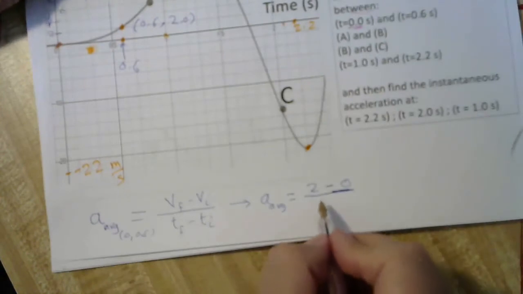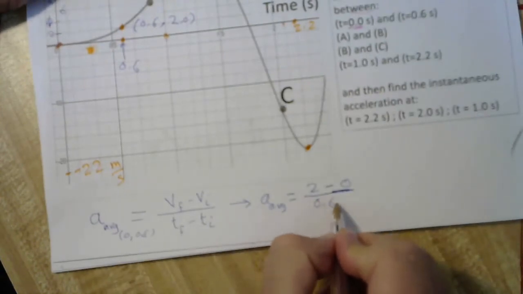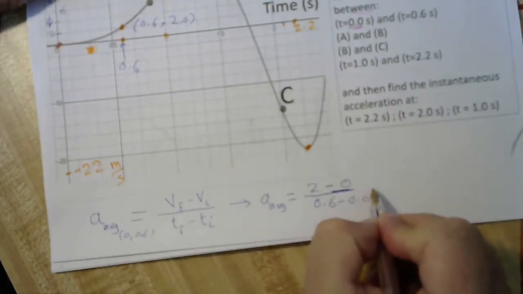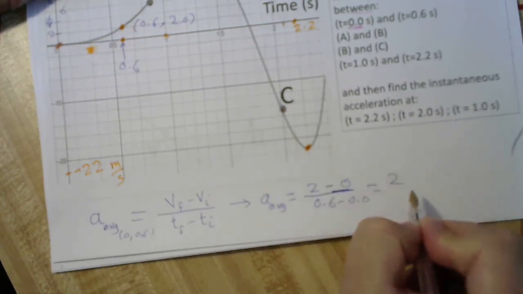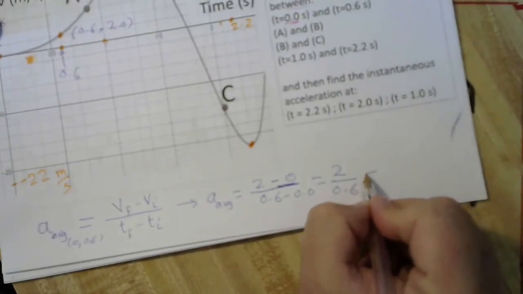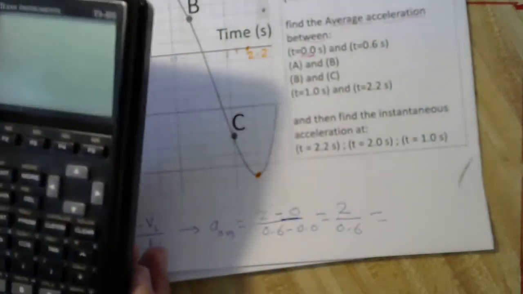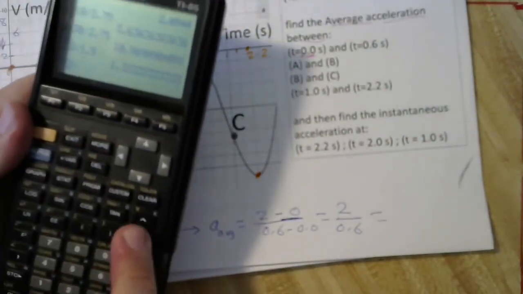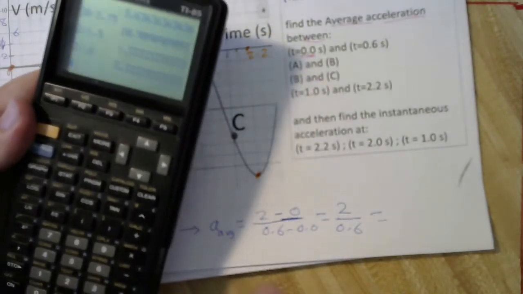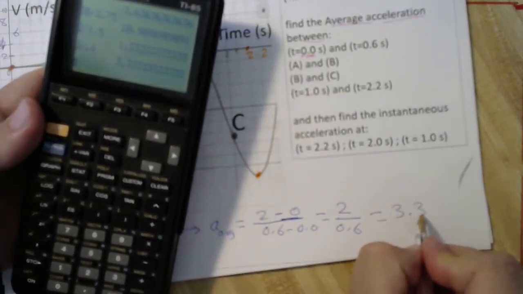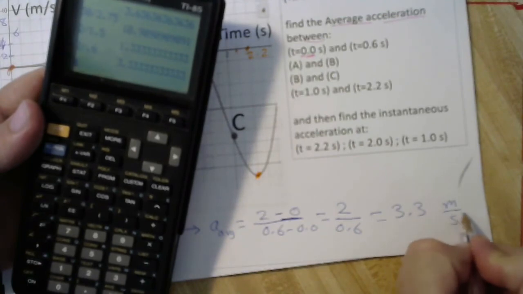So the difference in time is 0.6 minus 0, which is equal to 2 over 0.6. And the acceleration is equal to 3.3 meters per squared second.